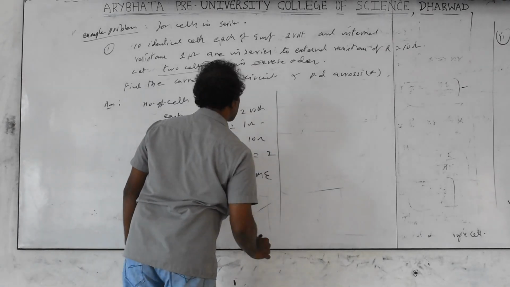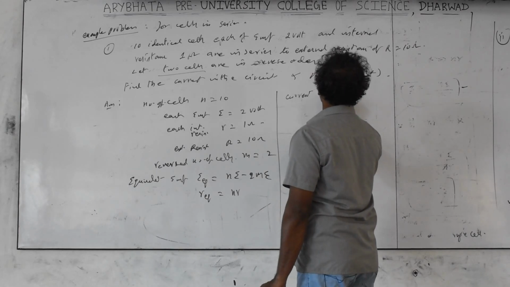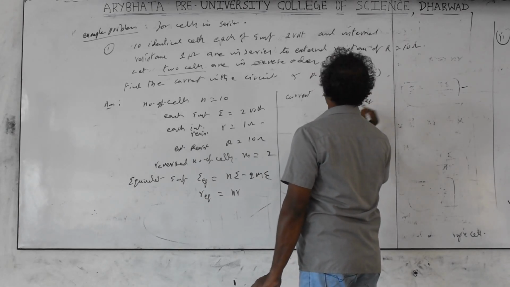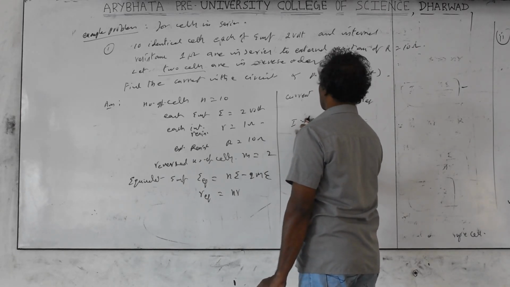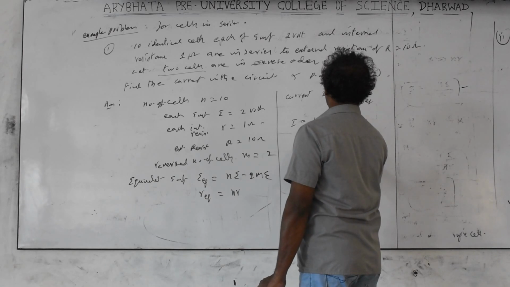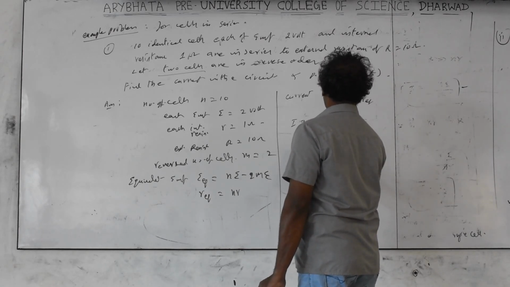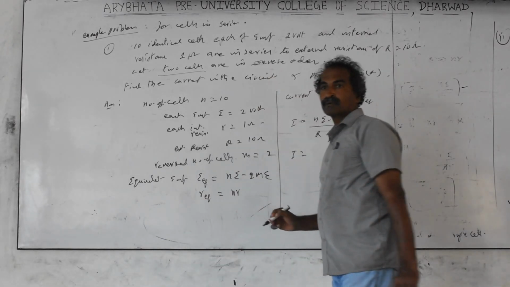Current in the circuit, I is equals to E equivalent by R plus R equivalent. I is equals to NE minus 2mE by R plus Nr.